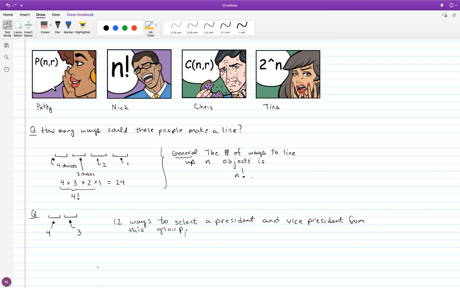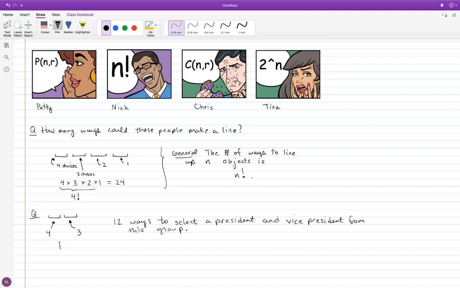Then the second question was more about taking a smaller subcollection of objects and lining them up. The whole president versus vice president thing means that there's some difference. We're not just grabbing 2 people at random, we're grabbing 2 people and putting them in order, one as president and one as vice president. That's also called a permutation. It's just not the permutation of the full set of objects.